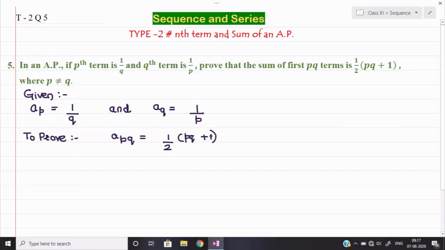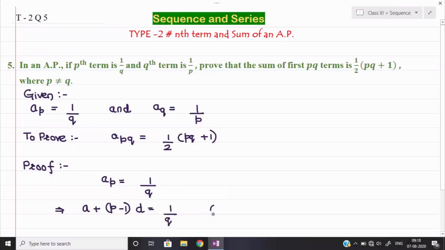Now let us see how we can prove it. So let us write down the proof. First of all we shall take the given things. So see, first given is AP is equal to 1 upon Q. Now the value of AP is A plus (P minus 1) into D, which is equal to 1 upon Q. Here a formula will be used.